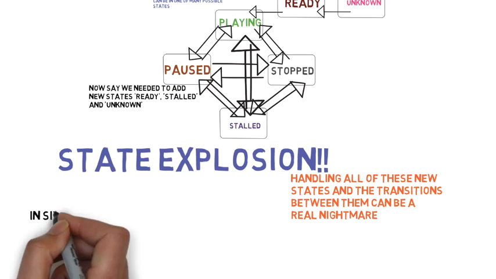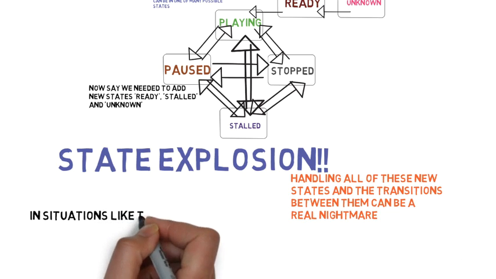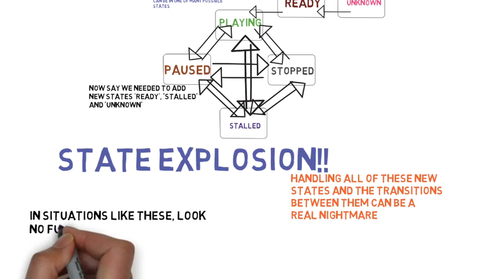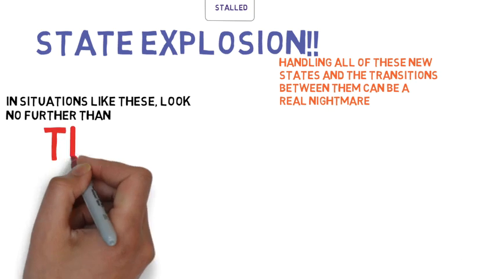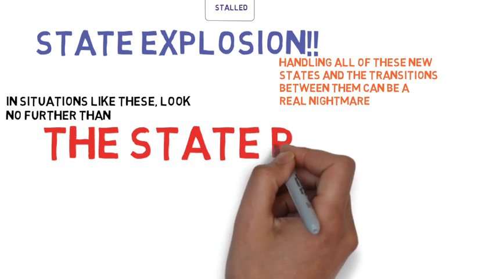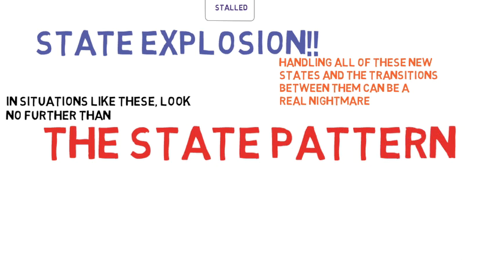The design pattern that's the hero of this class and which will help us out here is the state pattern. So what is typically the state pattern? What solution does it provide us for this problem? The state pattern basically says that the state itself should handle the transition outside it.